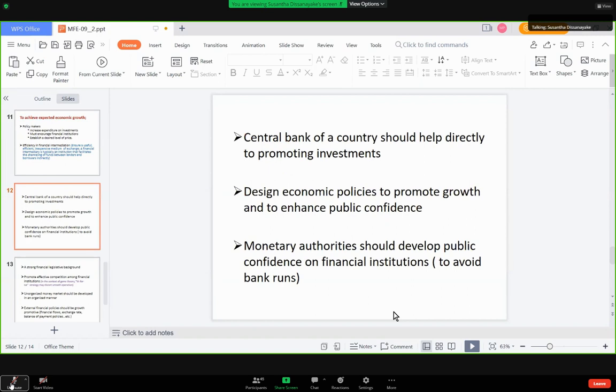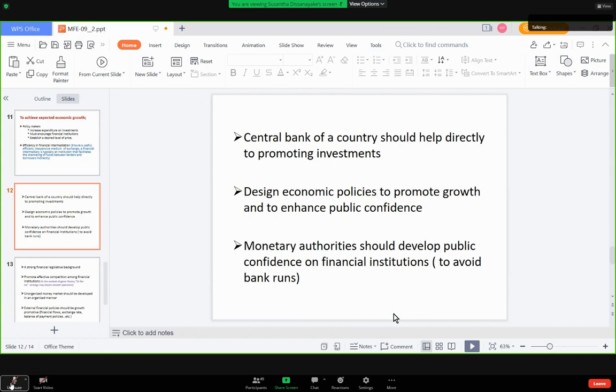And the central bank of a country should help directly to promote investment, on various matters such as getting funds from outside and helping the financial institutions, and design economic policies to promote economic growth and enhance public confidence.